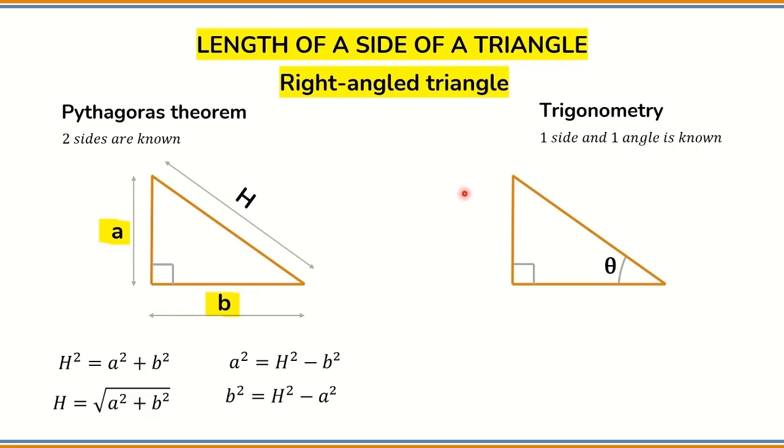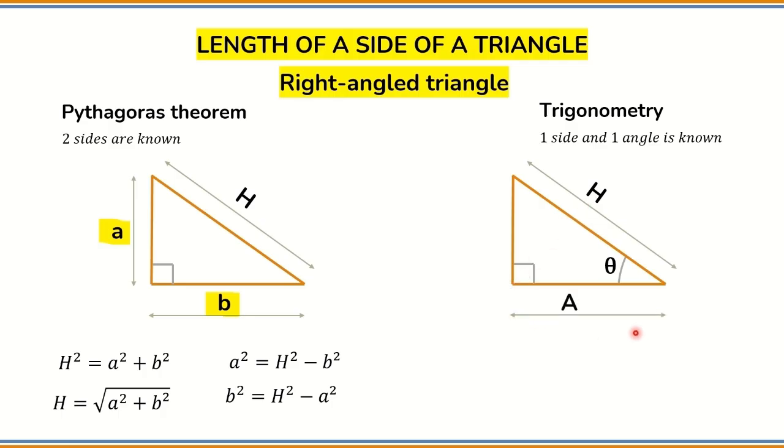When we use trigonometry, we have to label the sides in a specific way. First, we need to know which angle we are considering, and we will label it with the Greek letter theta. H will be the hypotenuse, the longest side of the triangle, the one opposite to the right angle.